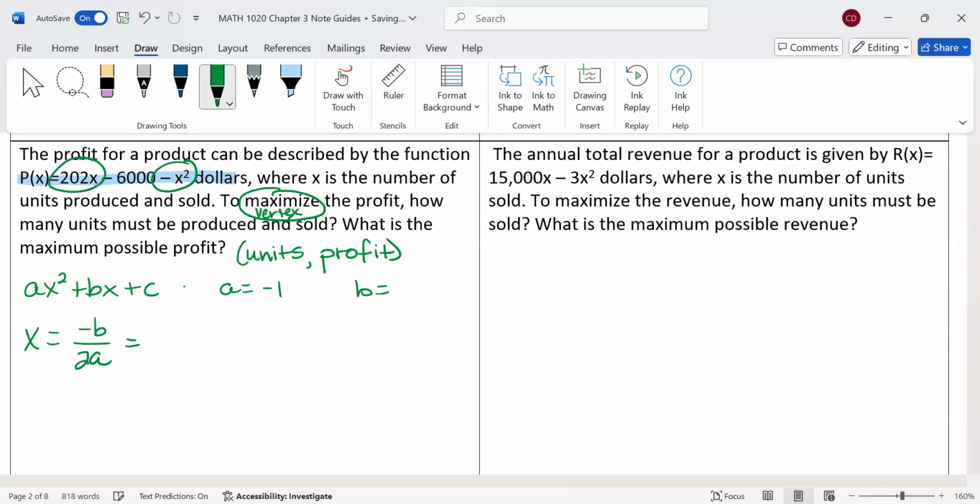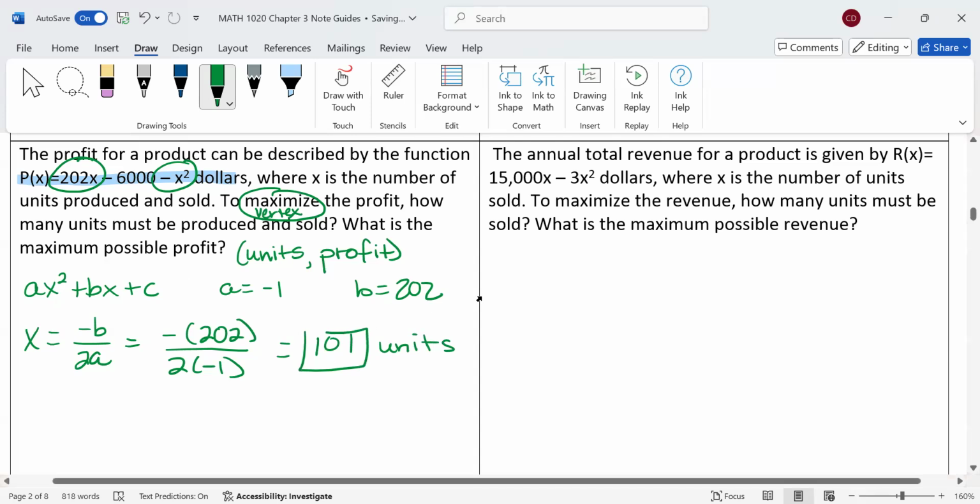Your b, whatever's in front of x, is the 202. So -202 over 2 times -1. And you can put that straight in your calculator, just like that with a fraction bar. And it'll give you 101 units will maximize the profit.